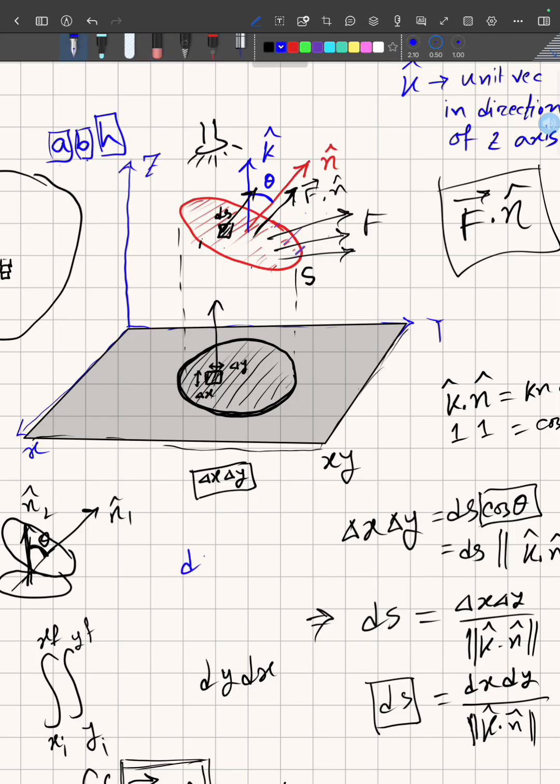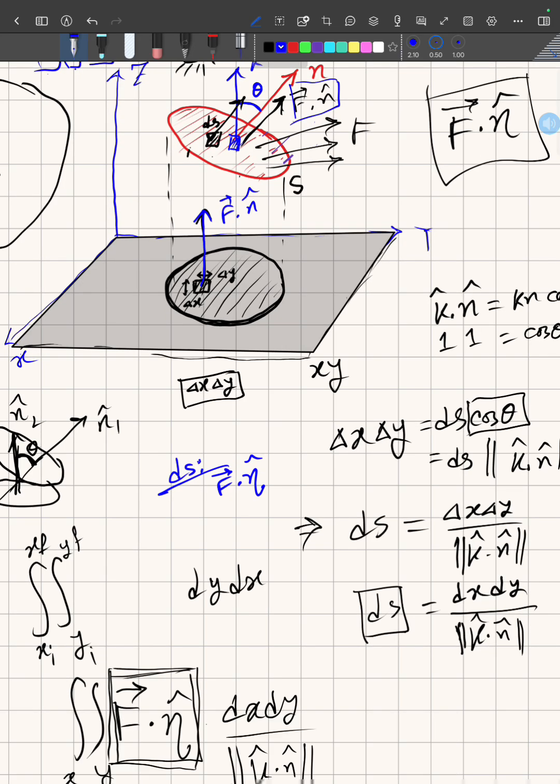We can say that through ds it will pass F dot n, the n component, because I can take this portion ds, and you see that n is the normal to this ds. Then this F dot n portion will pass through this ds, so this portion will pass through this dx dy.